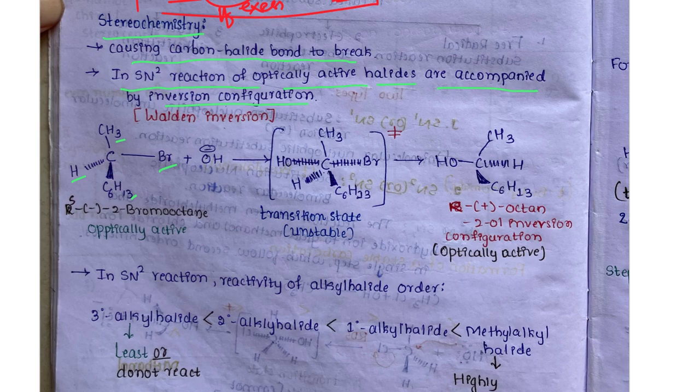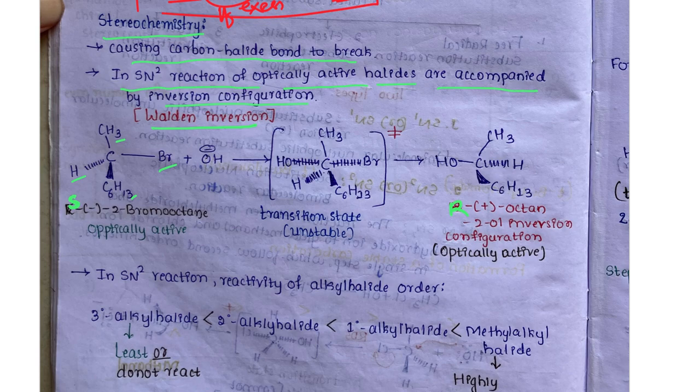For example, if this is given S configuration, then here you will get R configuration. Keep in mind, R configuration going to S or S going to R is called Walden inversion. At board level, they may ask what is the Walden inversion or inversion of configuration.